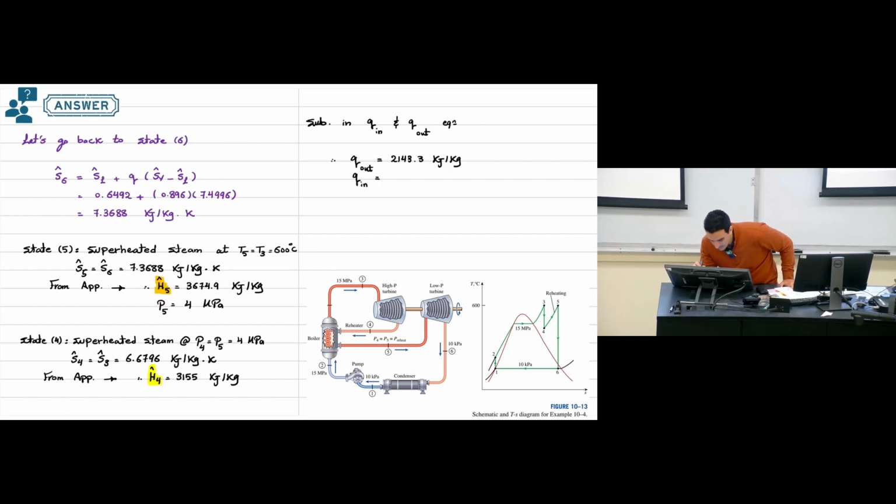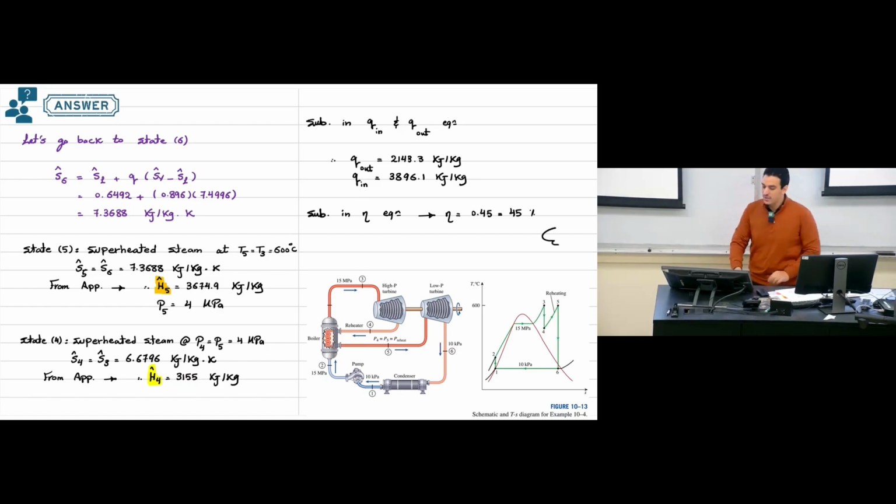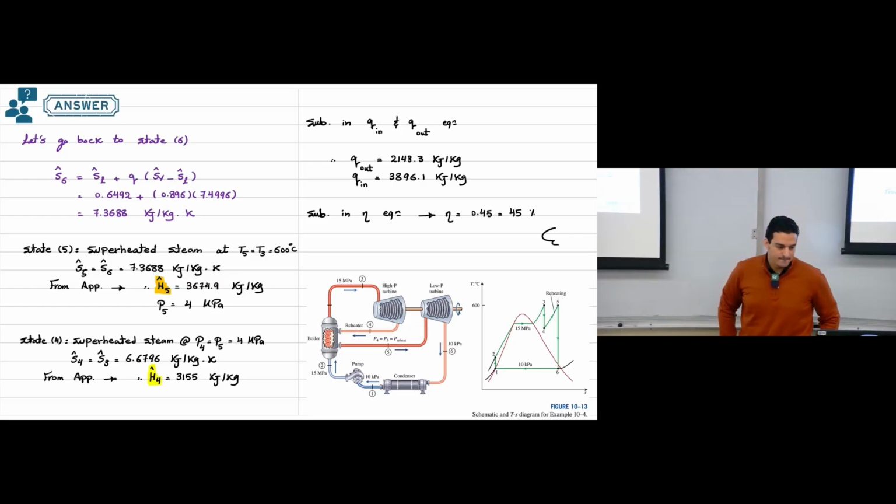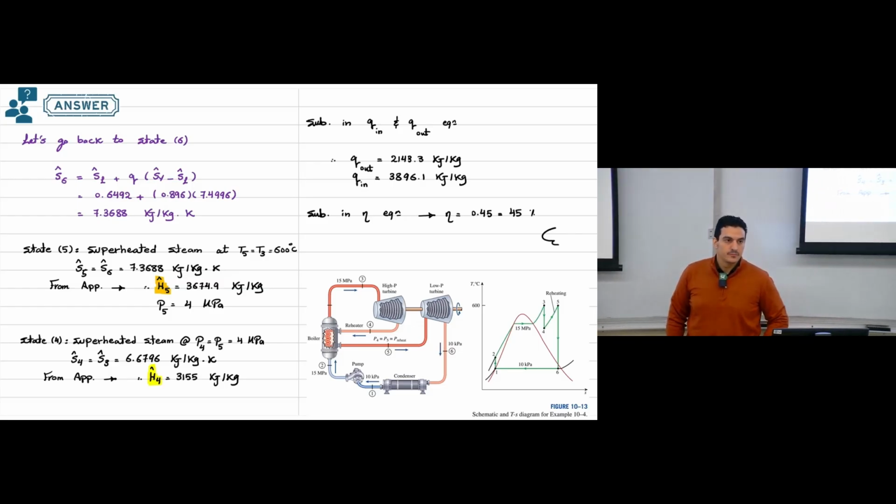Also we have the equation, we substitute enthalpy values to calculate Q in, that will be 3869.1 96.1 kilojoule per kilogram. Then substitute in the thermal efficiency equation, and based on this one we can see the thermal efficiency of this regenerative cycle will be 0.45, or in percent this will be 45%, and this is the requirement that I need to calculate. Clear?